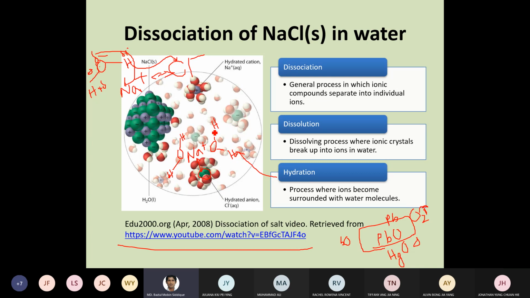And dissociation reactions occur if these things are in a crystal structure. For example, sodium chloride is also in a crystal structure, or salt. Sugar also provides a crystal structure.